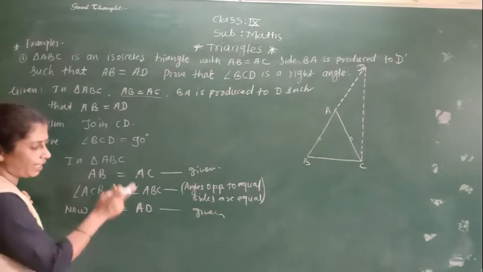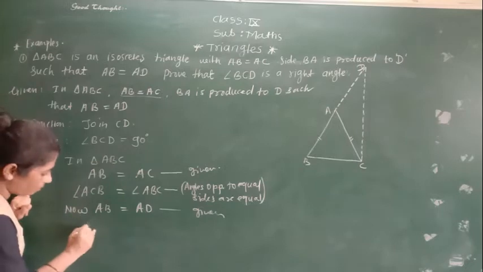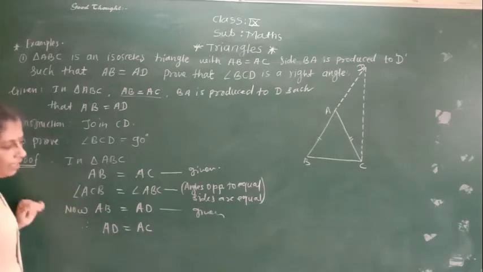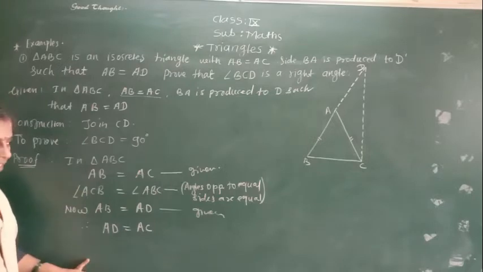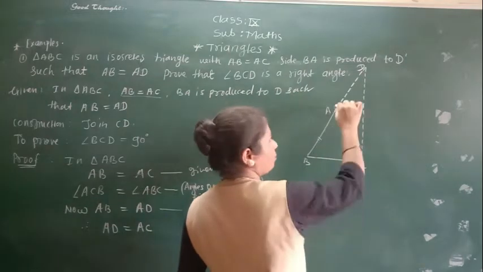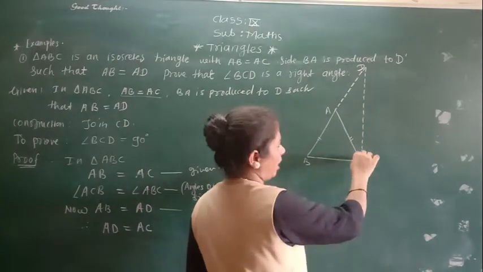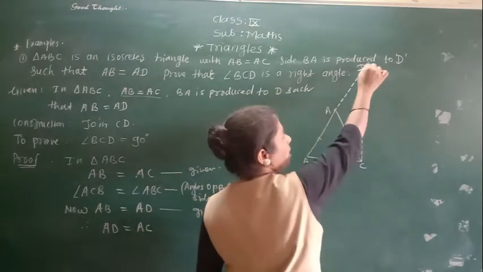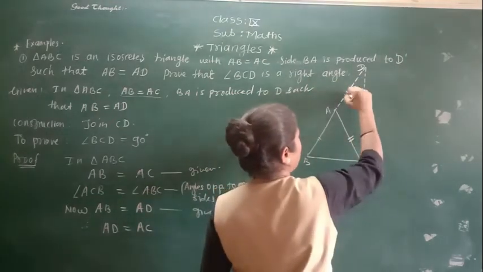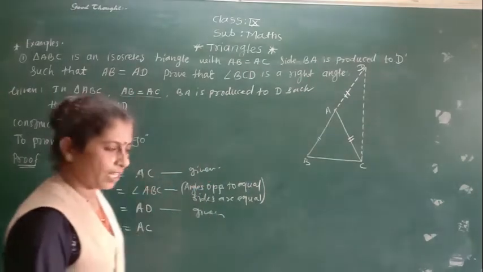Of course. So AD equals AC will be there. Hence we will write AD equals AC. Understood? So AB equals AC, and AB equals AD, then automatically AC equals AD, or AD equals AC, right?